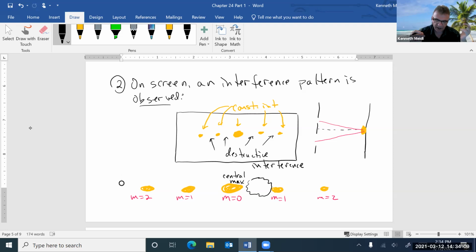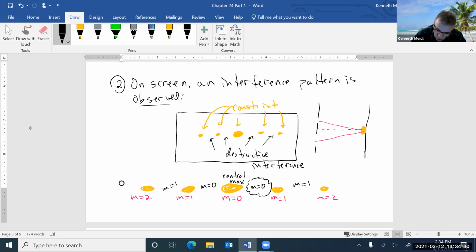The first bright spot on the left side is called m equals 1. This right here is called m equals 0 for the dark spots. This is m equals 0 for the dark spots. This is m equals 1 for the dark spots. This is m equals 1 for the dark spots.